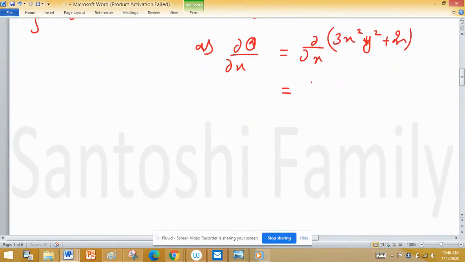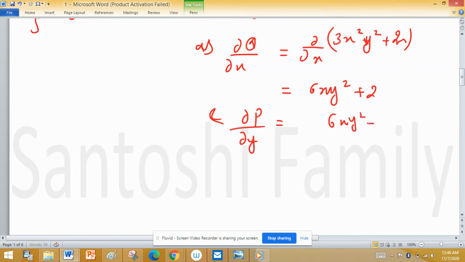Now it will be 6xy square plus 2, and the partial derivative of P with respect to y will be 6xy square plus 1. What is P?